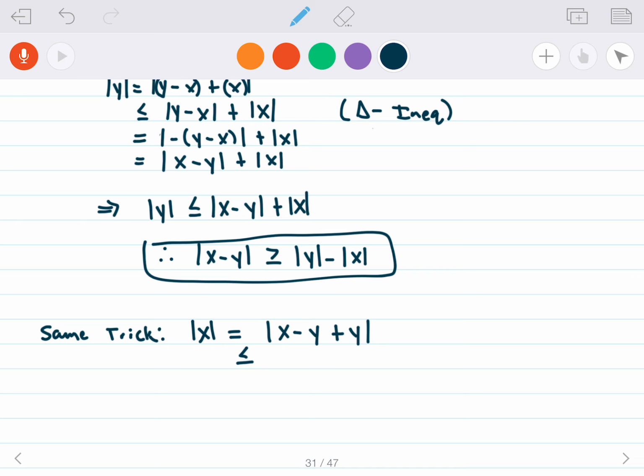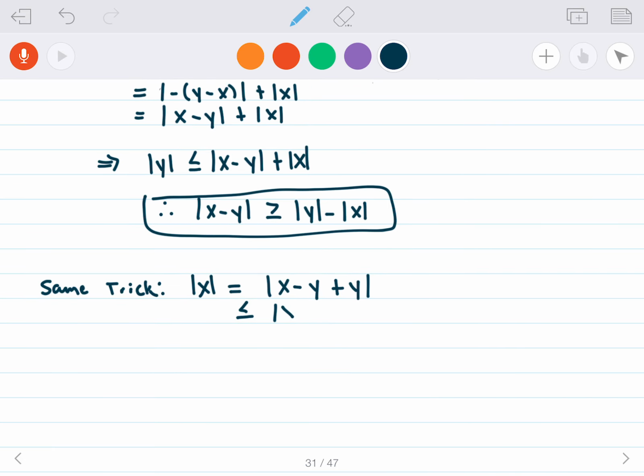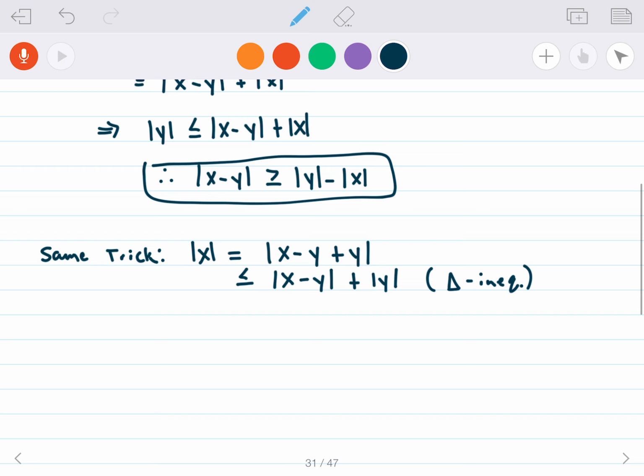So this is less than or equal to abs x minus y plus abs y. And again, this is because of the triangle inequality. And therefore, the absolute value of x is less than or equal to abs x minus y plus abs y. And rearranging, we get abs x minus y is greater than or equal to abs x minus abs y.